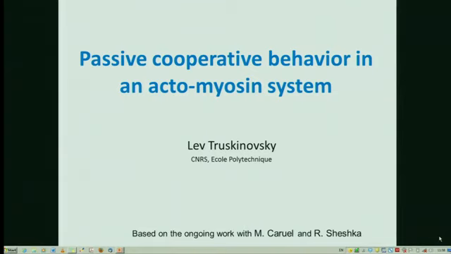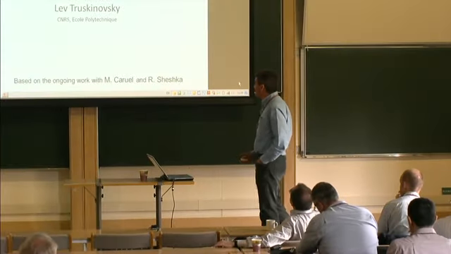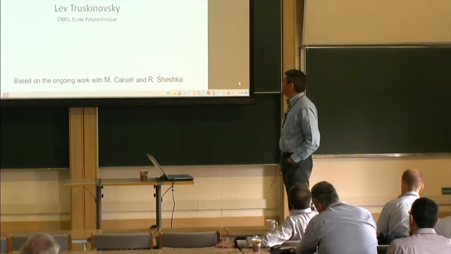So we have seen this morning very beautiful demonstrations of cooperative behavior in acto-myosin systems. I will be talking also about an acto-myosin system, but a special one, and I would think the simplest possible one.